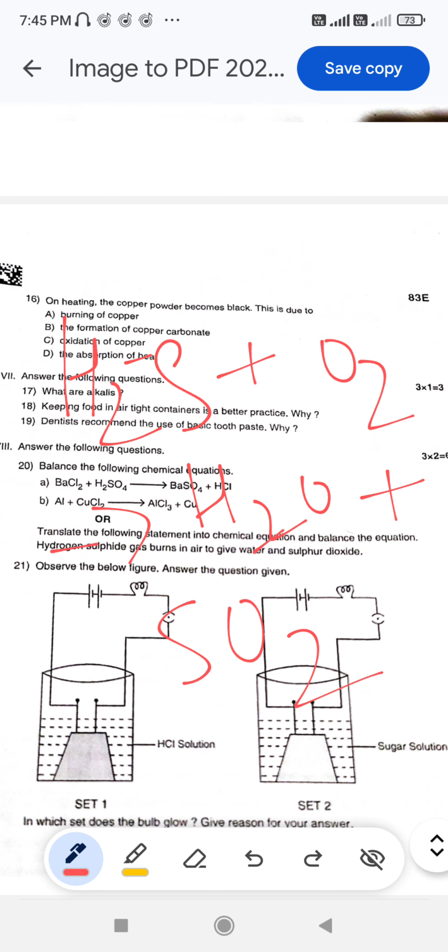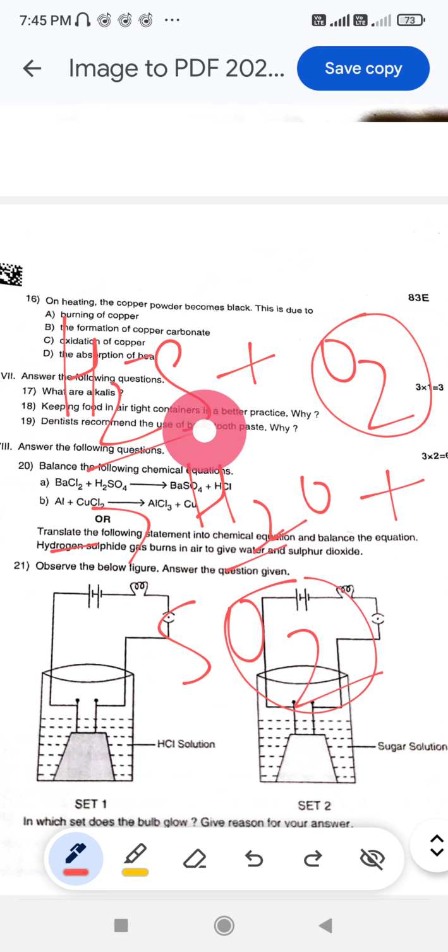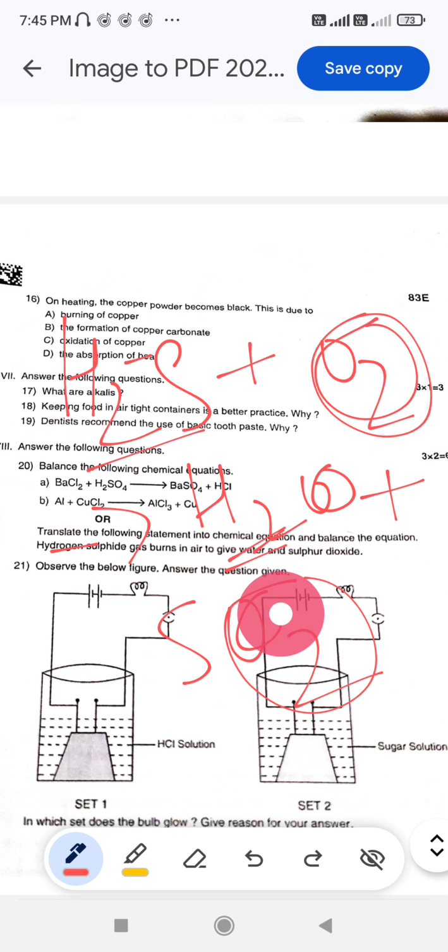Here 2 hydrogen, and 2 hydrogen, so hydrogen is balanced. Again here 2 oxygen on the reactant side, but on the product side 1 oxygen plus 2 oxygen, total 3. So it is not balanced.